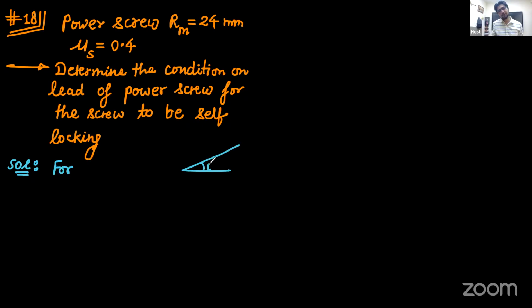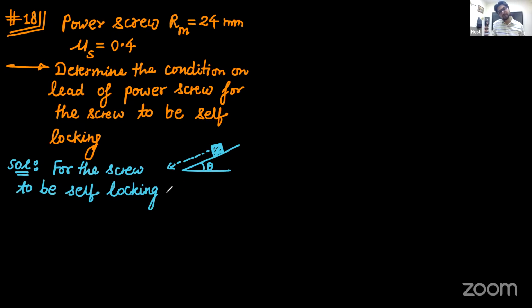For the screw to be self-locking, we know that theta should be less than a limit. Otherwise, weight will fall by itself.